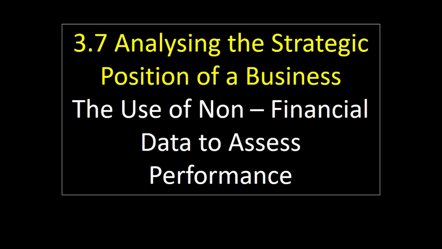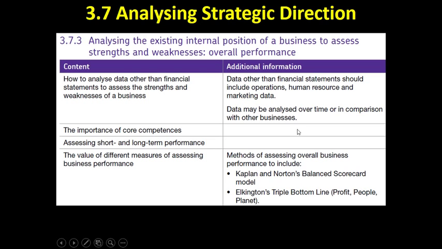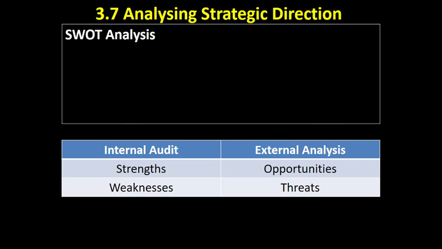In the previous section, we looked at the use of financial data to assess performance. This next bullet point asks us to assess data other than the financial statements to assess strengths and weaknesses of a business. So I've gone through the specification and picked out all of the non-financial ways that we can assess the strengths and weaknesses of a business.